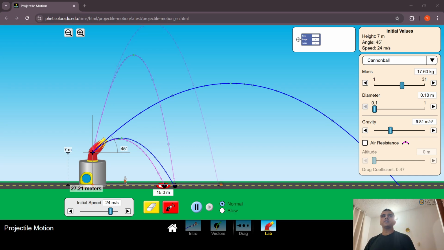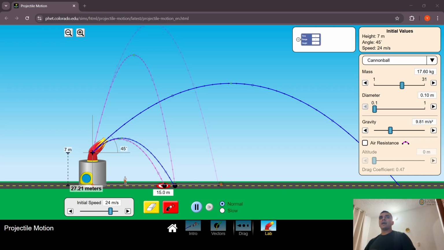Using them, I calculated the maximum height, flight time, and range for different launch conditions. Then I simulated the motion using Google Colab with Python and compared the results to the PHET simulator. The outcomes were very close, showing that the theoretical model matches reality quite well when air resistance is ignored.